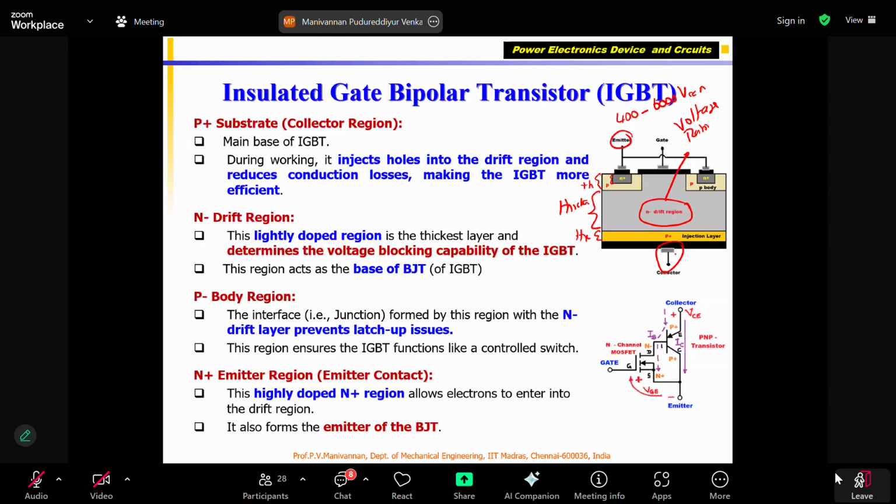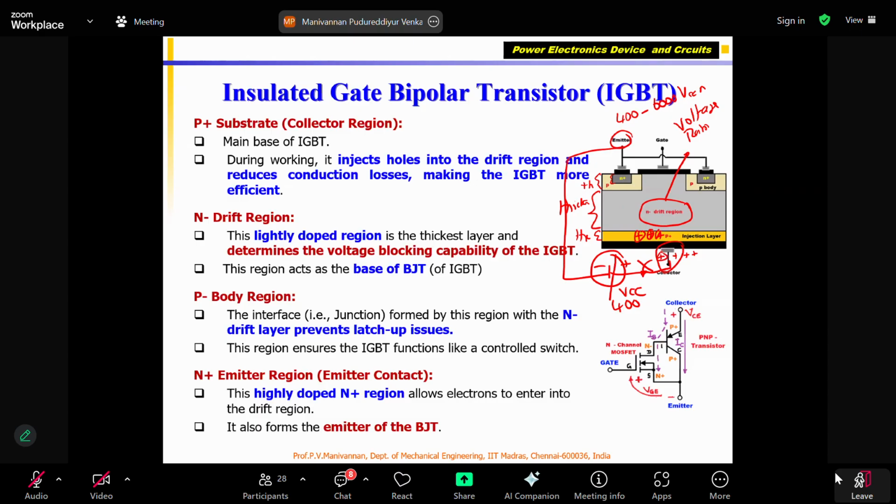Why are the holes here going to be pushed? What supply am I going to give? Positive voltage to the collector. This is VCC. I said this is 400 volts. There's a switch. This is my battery. I close the switch. Immediately, here you will get positive charge from the battery.